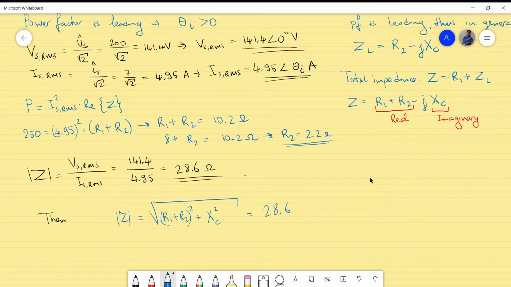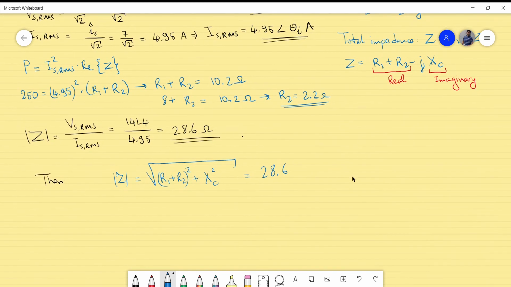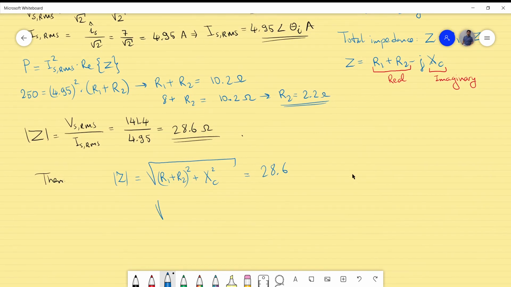Now I already know R1 plus R2, which is 10.2, so if I fill in the values, 10.2 squared plus XC squared equals 28.6 squared. Now the calculation of this is really straightforward.